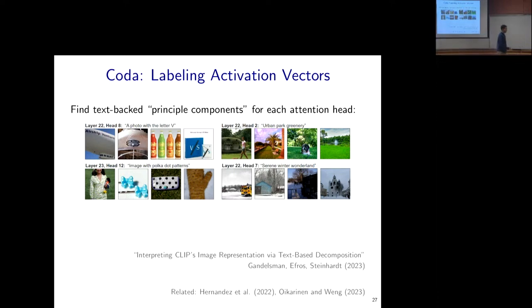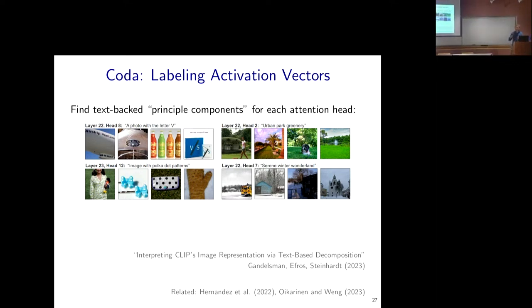What's really cool is that the heads actually seem to specialize in their behavior. This layer 22 head 8, if you look at its top 10 principal components, is a photo with the letter V, a photo with the letter X, a photo with the letter Y, a photo with the letter W, a photo with the letter A. It seems like one of the things this head does is pay attention to letters.